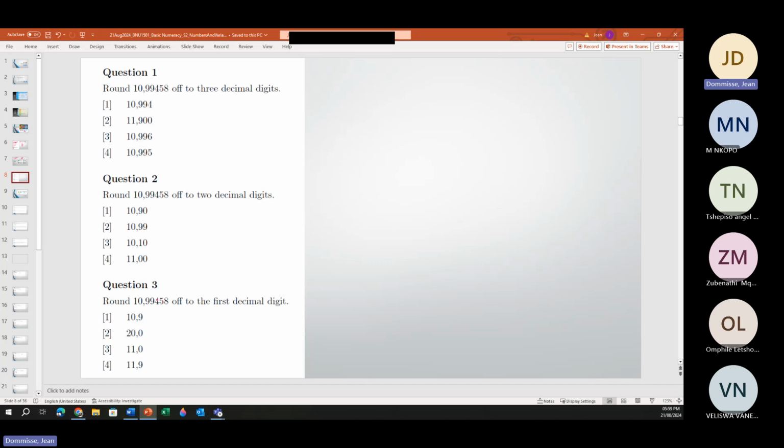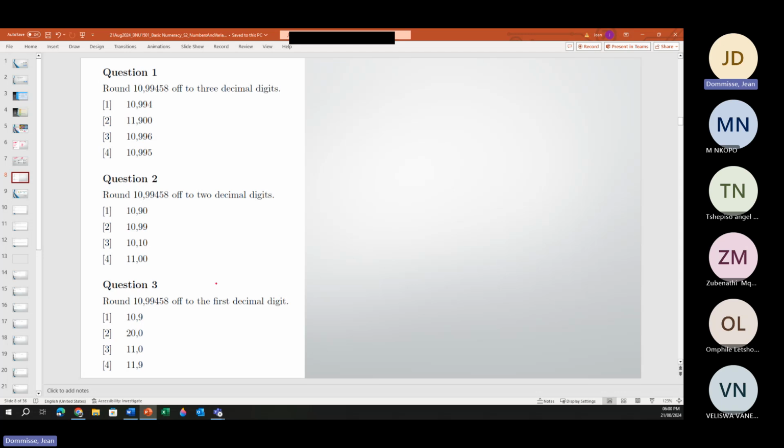They might just ask you to round it off to different decimals. Also, as you might have already seen in your assignments, there are different questions.